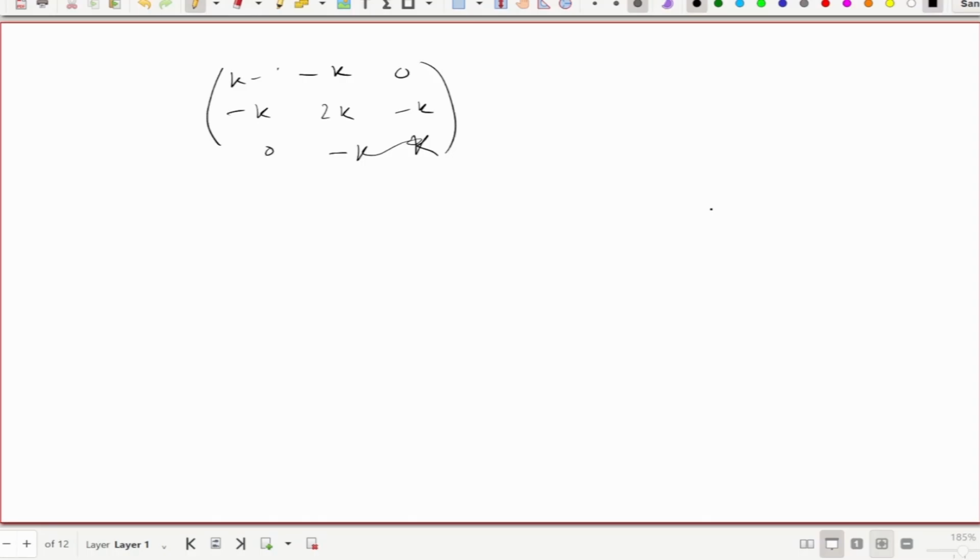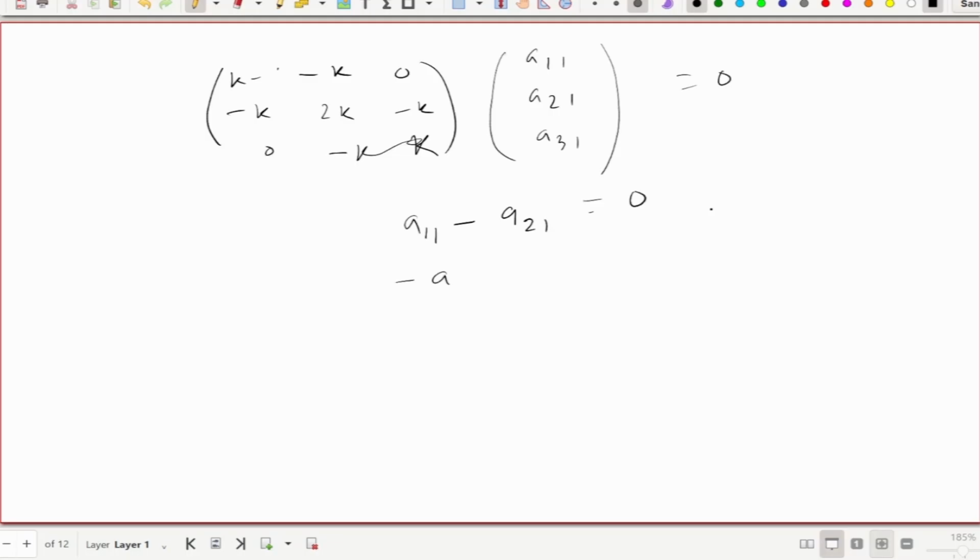So, let us write a 1 1, a 2 1, a 3 1 equal to 0, and from here you will find that a 1 1 minus a 2 1 equal to 0, first relation.